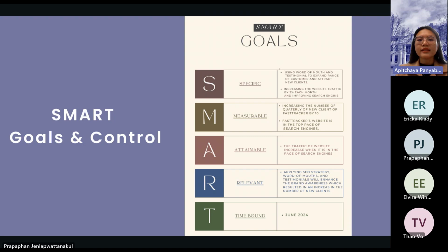At the same time, the website traffic of the FastTracker website will also be increased by applying the search engine optimization strategy, as we believe it is the major channel for customers to learn about the existence of FastTracker. With these actions, an increase in the number of clients by 6% quarterly is expected. Meanwhile, FastTracker's website is aimed to be on the top page of the search engine as well. We believe that this objective to increase brand awareness for FastTracker will be accomplished by June 2024, following the timeline.